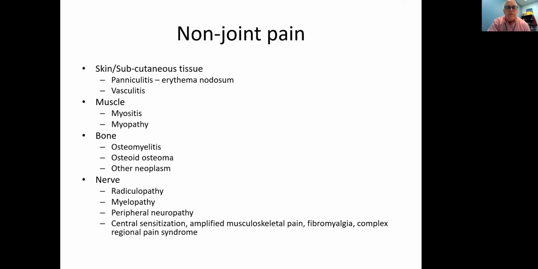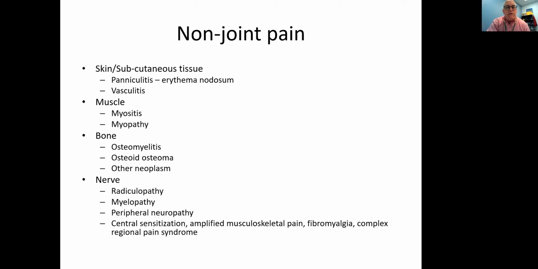And so history is important, exam is important, just having a broad process of thinking about things. So in the skin, patients can have vasculitis that causes musculoskeletal pain. It's particularly entities like HSP, where they get edema, but it's painful. Panniculitis, erythema nodosum is the most common. That's obviously easy to see with the rash.